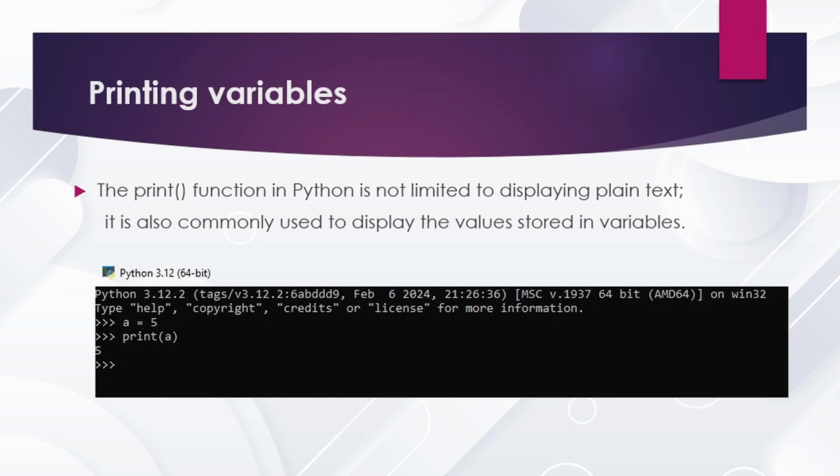This feature is particularly useful when we want to check the value of a variable at a certain point in our program or when we want to display the results to the user. In this example, the variable a is assigned the value 5. When the print a statement is executed, it outputs the value which is stored in the variable a, which is 5.